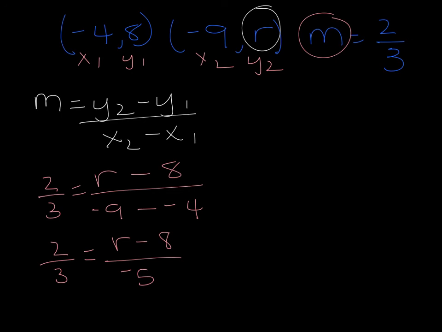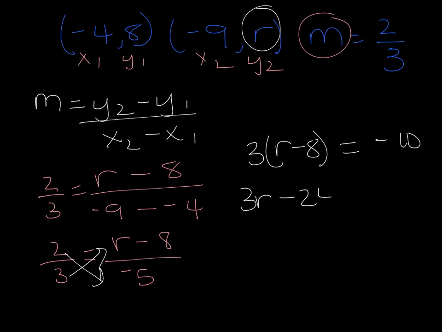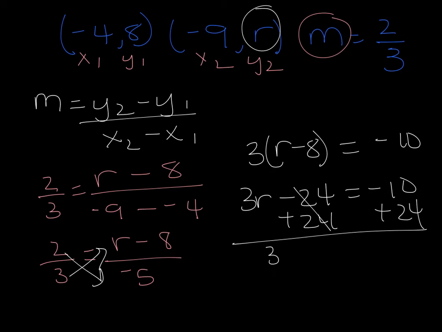So now I'm ready to cross multiply. When I take 3 times r minus 8, and I take 2 times negative 5, I get negative 10. So I have 3r minus 24 equals negative 10. Add 24 to both sides, and I get 3r is 14.